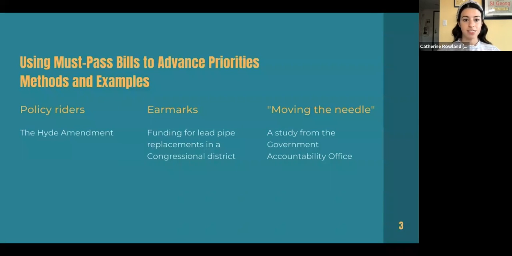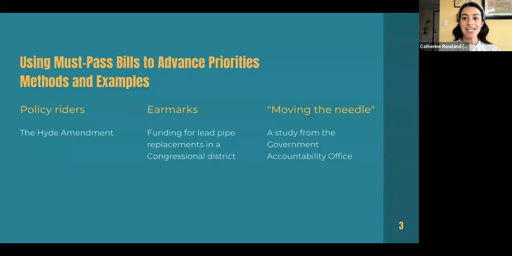So this year's government funding bill, already a must-pass bill, took on extra importance for members and for their communities seeking earmarked funds. Now, even though must-pass bills have been used successfully to advance major priorities, like in the examples that I just shared, this is not always possible. A policy might face too much opposition to advance even as part of a must-pass bill. And in those situations, including the policy could sink the bill altogether.